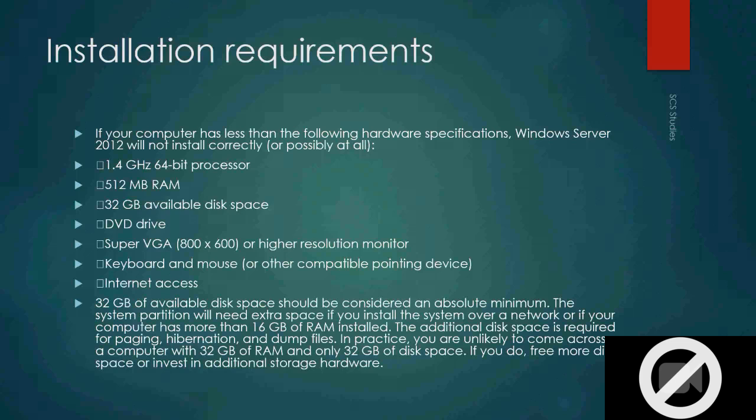Please take a note that you have to learn what paging is and how to configure the page memory, and next how hibernate works in a server. It is not recommended to use hibernate in a server, although there is an option for hibernate. And the next is the dump file: how to get the dump file from the server, what the file format is, and how we can read the dump files. We will take it up in our practical session.